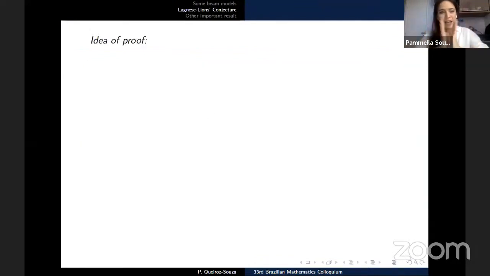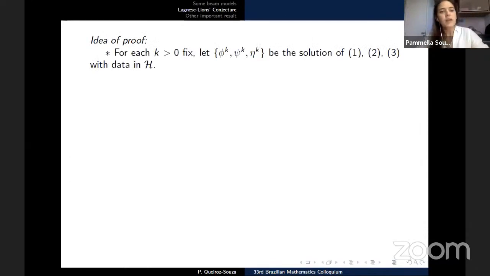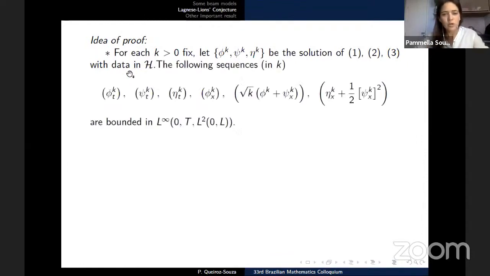Well, okay. The idea to prove this result is the following. For each k, a fixed positive number, let phi, psi, eta be a solution for this problem with initial data in an appropriate space. It's possible to see that the following sequences are bounded uniformly in time in L2 of (0,L).